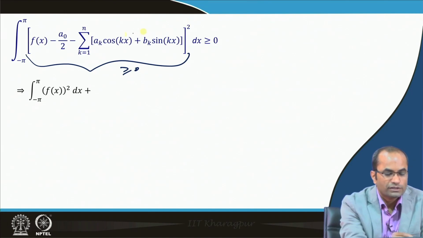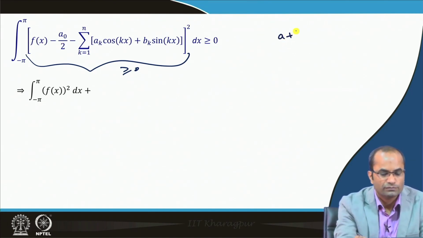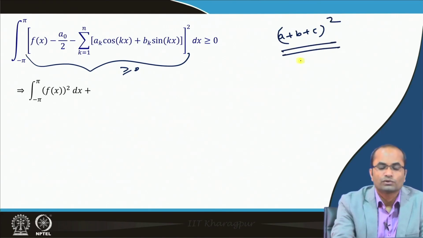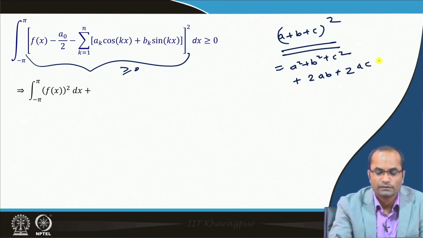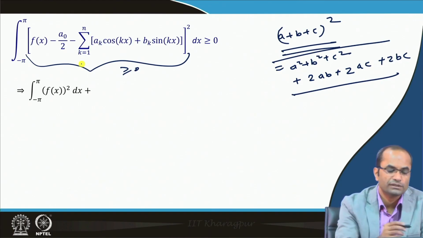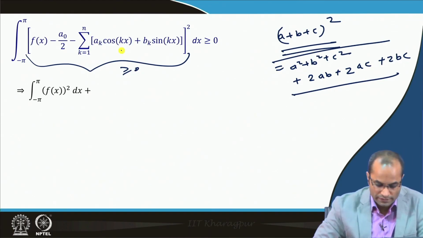It is like there are 3 terms, a plus b plus c, and the square. So, we will have a square, b square, and c square, then 2 times a b, 2 times a c, and also 2 times b c. All these terms we have to now see in our context.